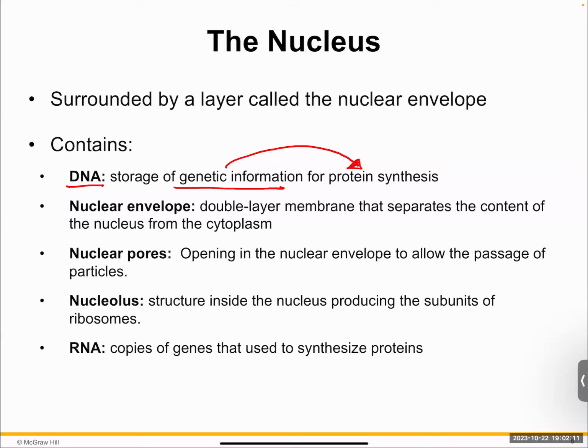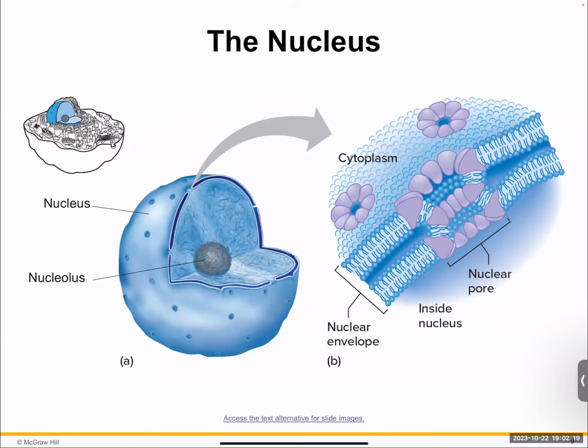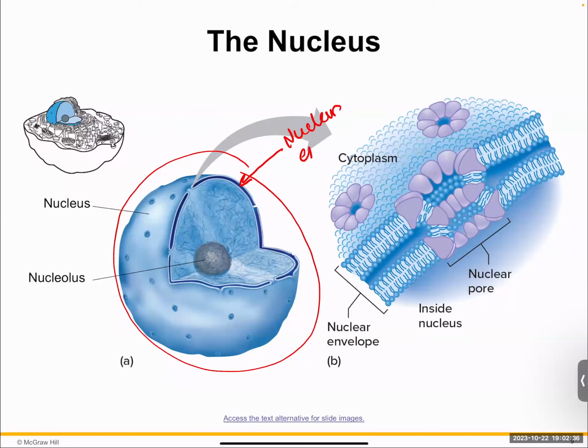Now, the DNA is protected inside the nucleus, and the membrane that is found around the nucleus is called the nuclear envelope. So this is our nucleus as a whole. You notice the light blue structure, which is this structure right here, this darker blue line would be your nuclear envelope.